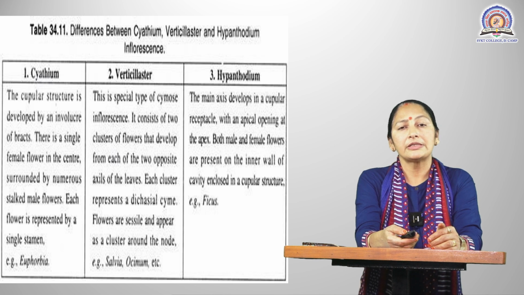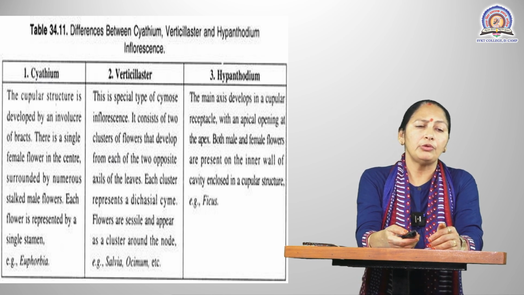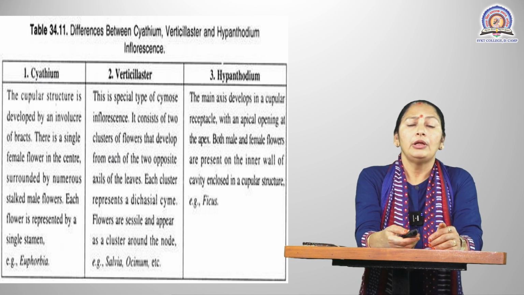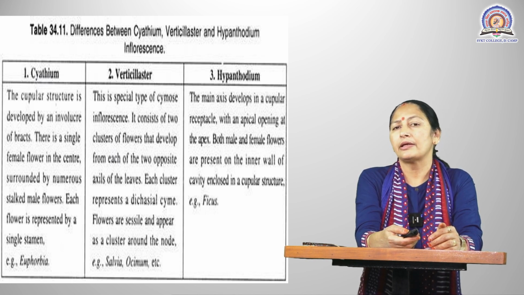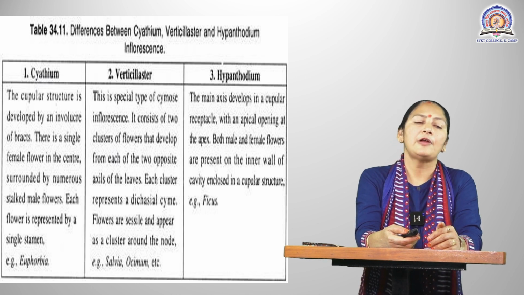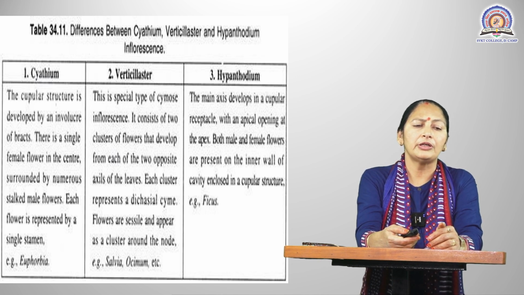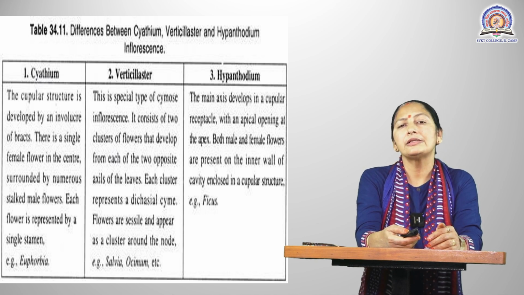First, the cyathium: the cup-like structure is developed by an involucre of bracts, and there is a single female flower in the center. In the diagram, you can see the cyathium type of inflorescence. Only a single female flower is arranged centrally, surrounded by numerous male flowers, and each male flower is represented by a single stamen.